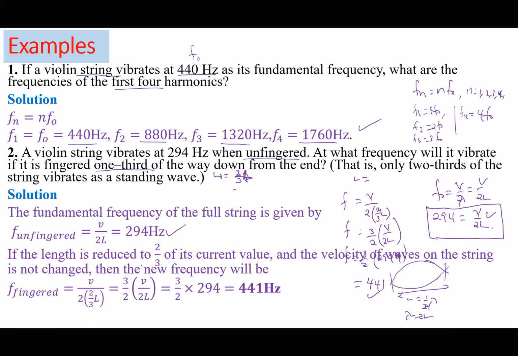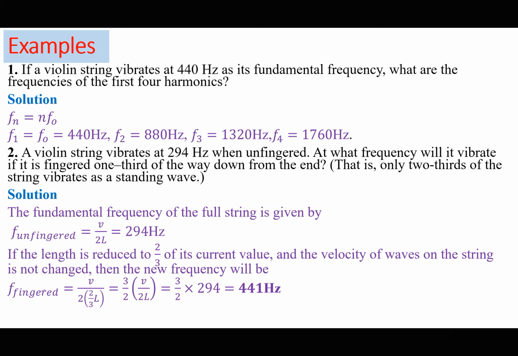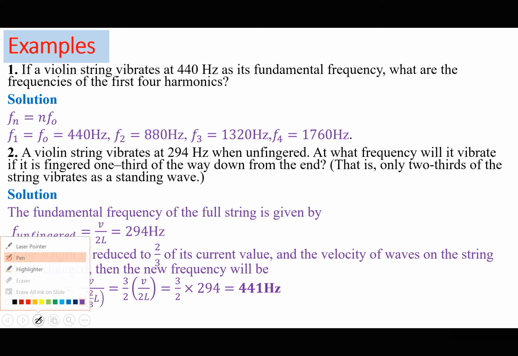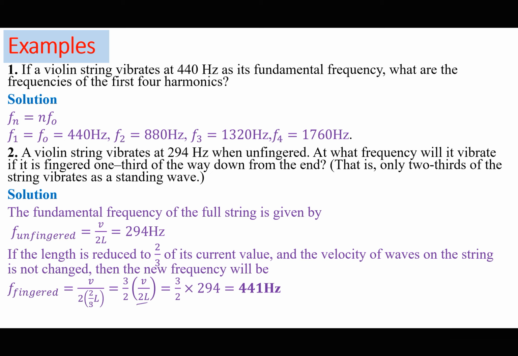If the length is reduced to 2 over 3 of its current value, the velocity of the waves on the string is not changed and the new frequency will therefore be V over 2, where there is L, I change it to the new length, which becomes 3 over 2. When I reorganize this, it becomes 3 over 2 times V over 2L. And when I substitute, I get 441 Hertz.